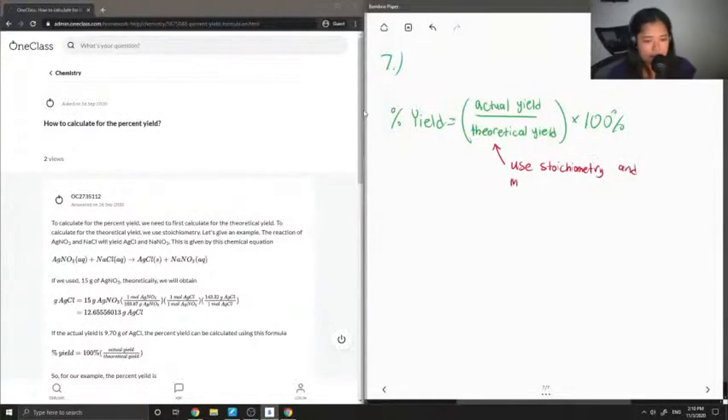And your mass of reactants to calculate how much product you expect to have.